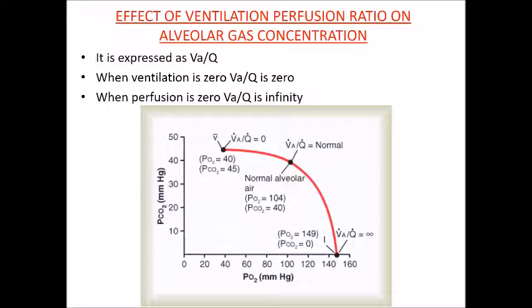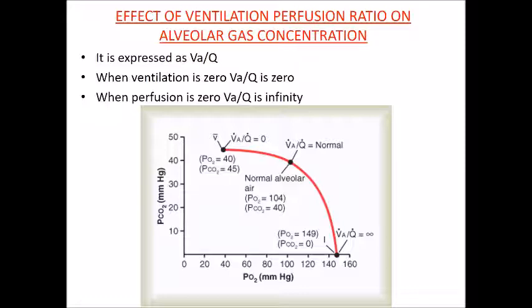Now suppose in any person's body, due to any abnormal condition, the ventilation is decreased. Now you can see the shifting of the curve towards the left side. Ventilation is decreased, so no fresh air is coming. So ultimately the alveolar air will reach equilibrium with pulmonary capillary blood. So the partial pressure of oxygen and carbon dioxide in the alveolar air will gradually become equal to that seen in pulmonary capillary.